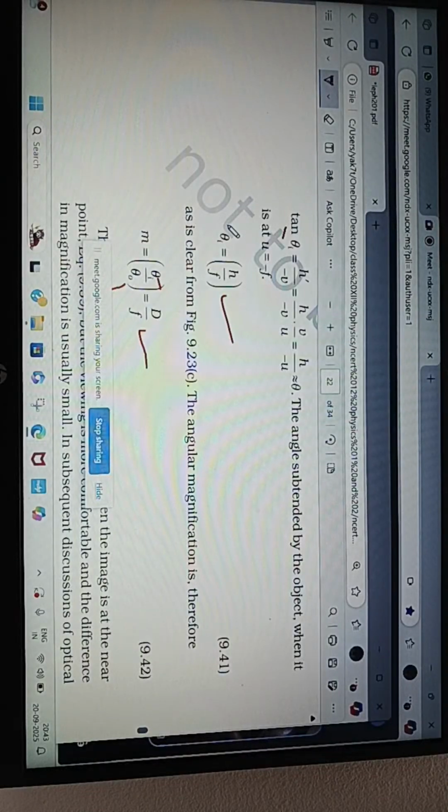This theta I means image angle. And object angle, theta O, where is it? Theta O is this.